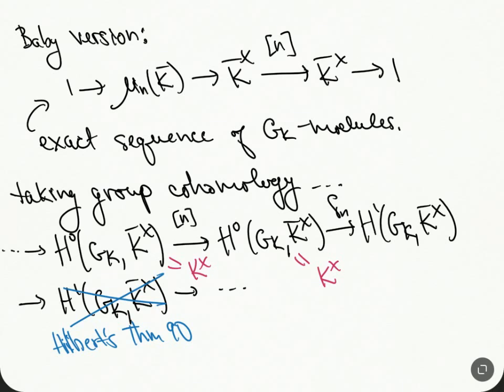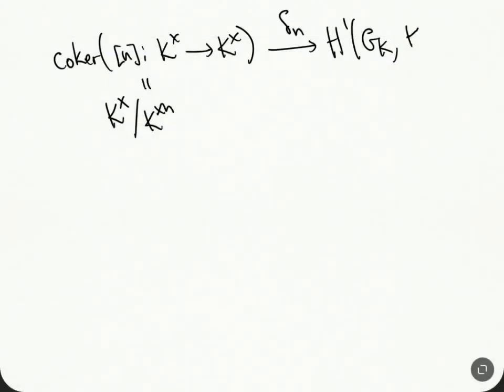Oh, sorry, this is incorrect here. This should read mu n of K bar. Okay.